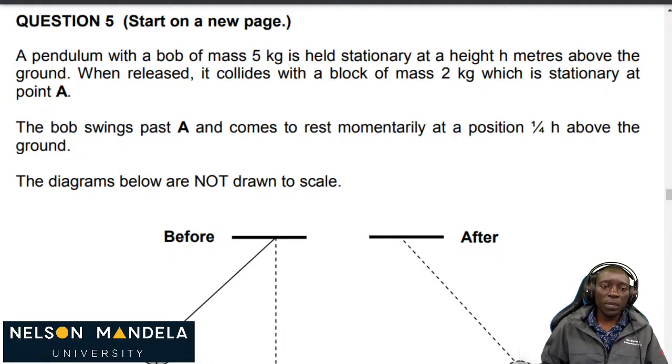A pendulum with a bob of mass 5 kg is held stationary at a height h meters above the ground.